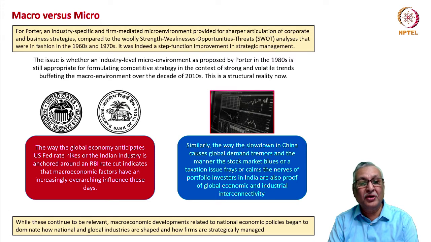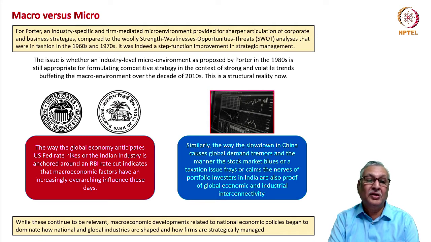The liquidity provided by the central banks through quantitative easing and the manner in which the quantitative easing is rolled back have a great impact on how industrials perform over the years.